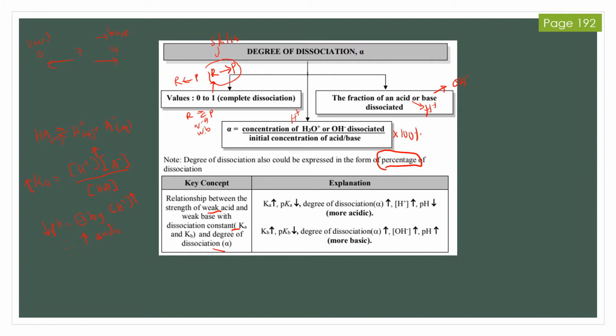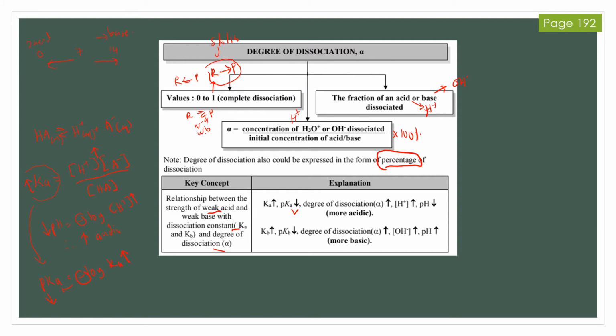Ini kita relatekan between the Ka dengan H plus dengan pH. And then nak relatekan Ka ni dengan pKa. Sebabkan Ka high, nak buatkan pKa, pKa equals to negative log Ka. Sama juga. Since the Ka value is high, due to the negative sign, you will get a lower value of the pKa. Sebab tu dia kata lower value of the pKa. And nak relatekan from the Ka dengan degree of dissociation.